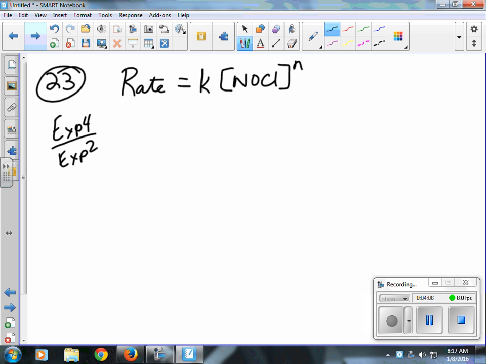So we got rate 1.06 times 10 to the 5th molecules per cubic centimeter second equals K. I'm just going to write all of this first experiment and then I'll go to the denominator.